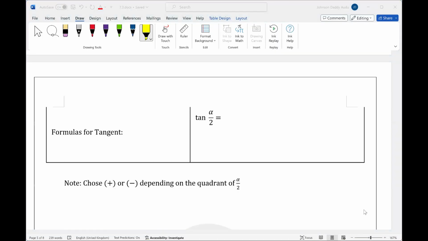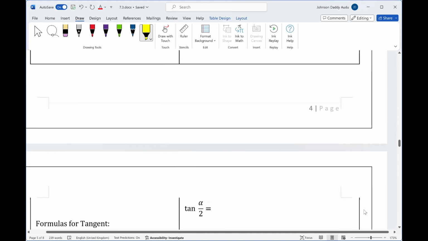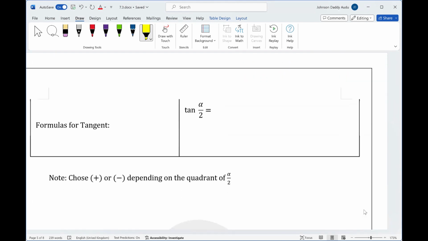So now we're on to the half angle formula for tan. Here we may have a lengthy discussion. Now let's look at this. What is tan alpha over 2? Tan alpha over 2 we know is going to be sine alpha over 2 over cosine alpha over 2.